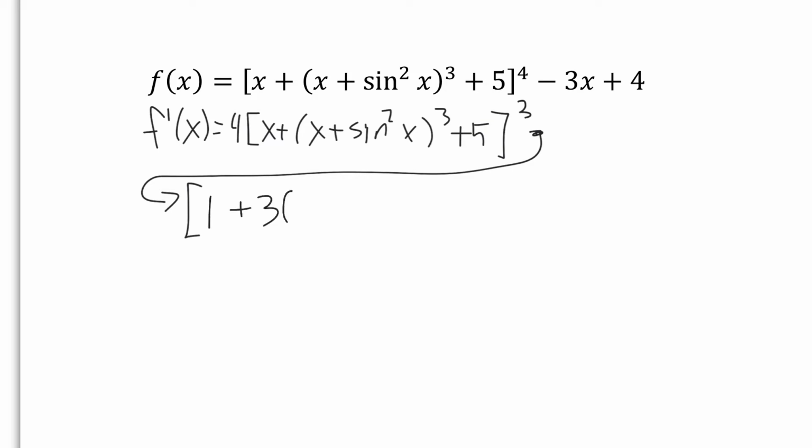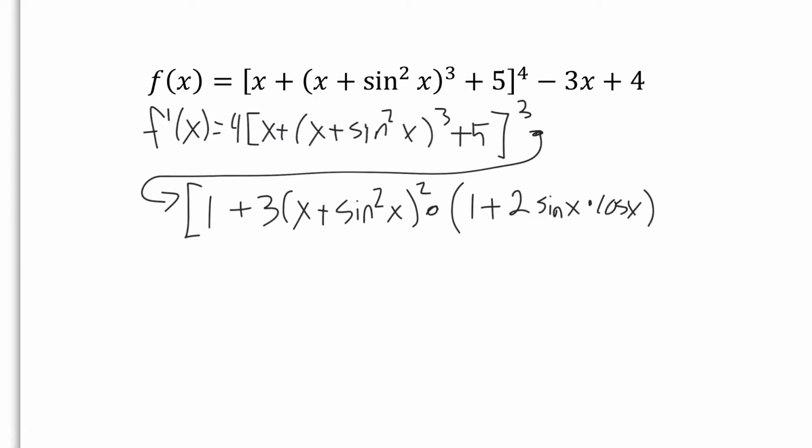So we do 3x plus sine squared x to the power of 2 times. Well, now in here we have 1 plus, because the derivative of x is 1. Sine squared will be 2 sine to the 1, if you want, times cos x. So that finishes off the derivative for this term here.